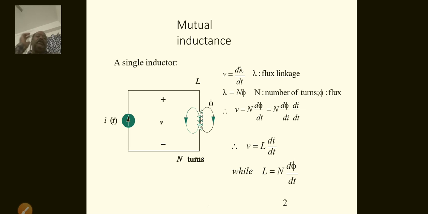Rewriting the equation, V is equal to N d phi by dt, which is equal to N d phi by di into di by dt. From the previous relation, the self-inductance L is equal to N d phi by di. So V is equal to L di by dt.